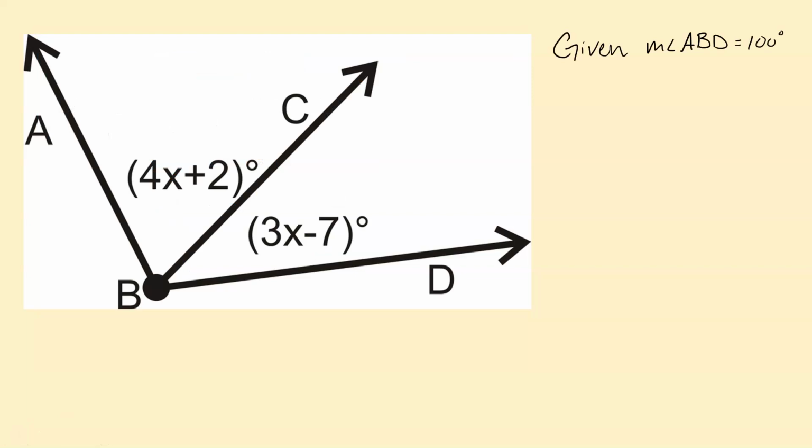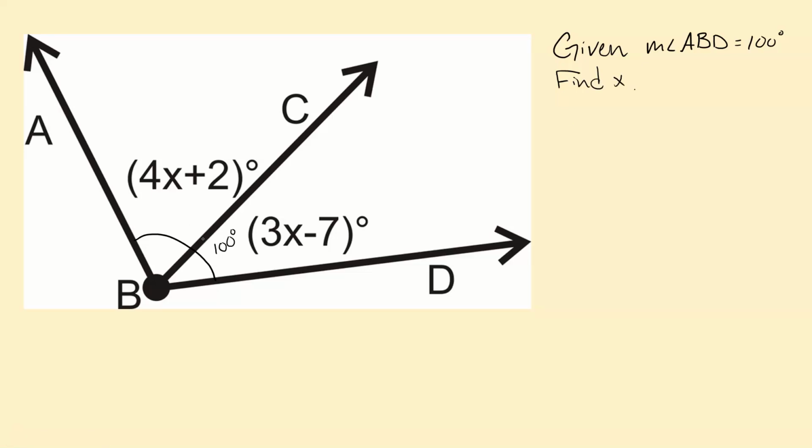So here's an example of looking at the same kind of problem, but now we're looking at it algebraically. So we have the measure of angle ABD. We know that this whole thing is 100 degrees. So we're given that, and let's say now we want to find x.